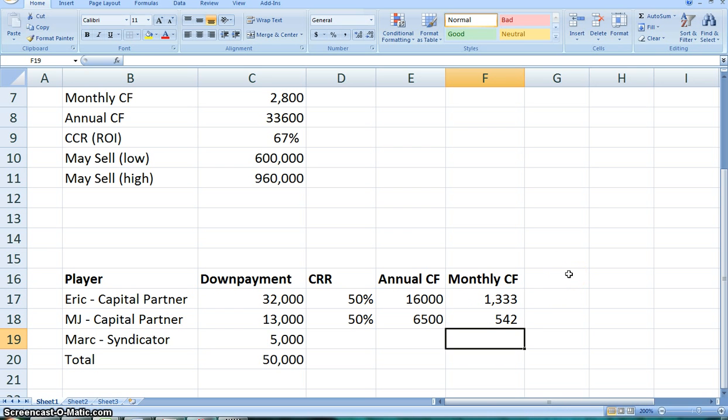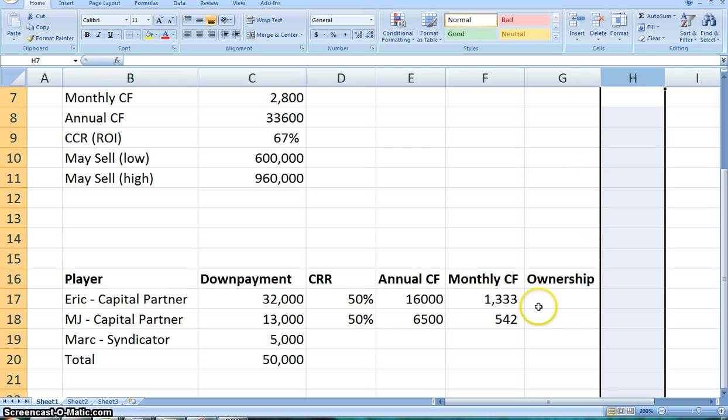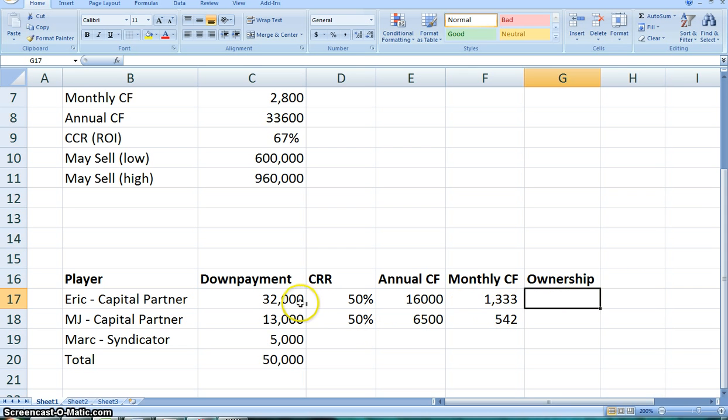Okay. So then the question is, how much cash-on-cash return am I getting? And also, what are the ownership percentages? If I were to sell this property, how much of the sale proceeds would Eric get? How much would MJ get? And how much would I get? The way we did ownership was not based off of the down payment that people put in. It was based rather on the percentage of cash flow they were receiving out of the total. The total monthly is $2,800.